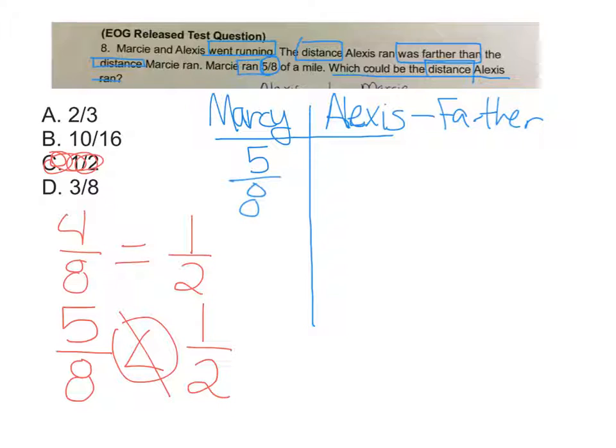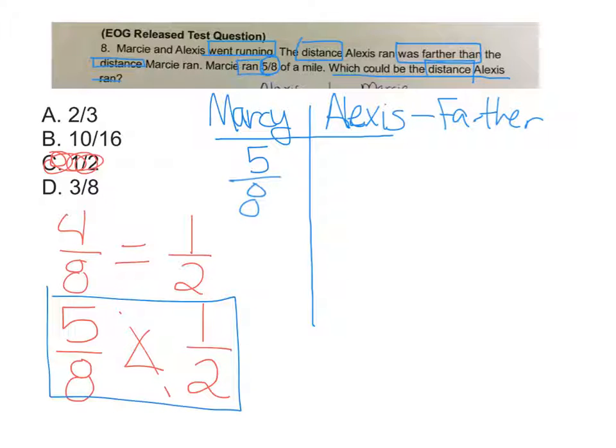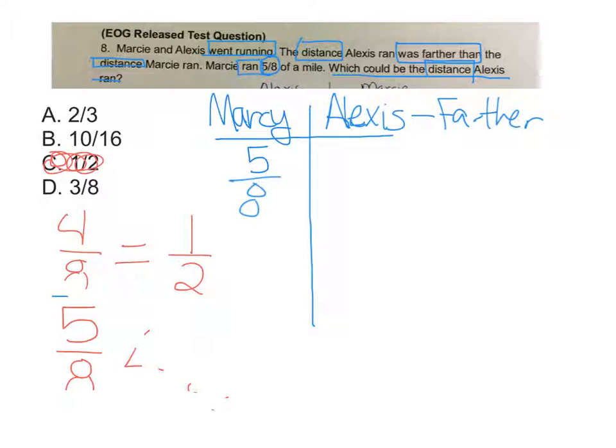So this would not be true. I'm going to cross it off so we can get back to our original 5/8 is less than something. We don't know yet. So it cannot possibly be 1/2.